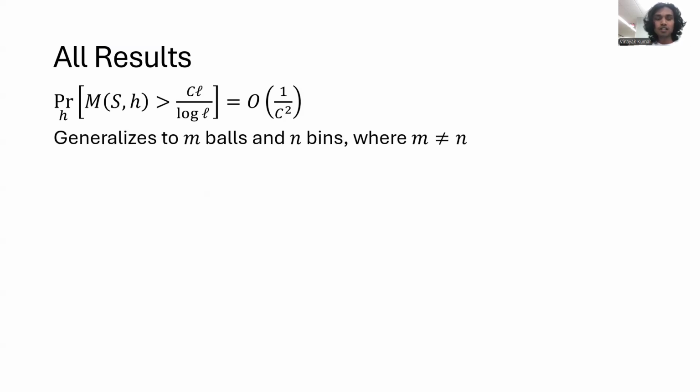Furthermore, we're able to show even when we don't have n balls and n bins, if we have m balls and n bins where they're distinct numbers, we can show, again, with probability 1 over C squared, you'll be greater than C times the optimal max load, aka whatever max load you get when you hash m balls to n bins via a random map.